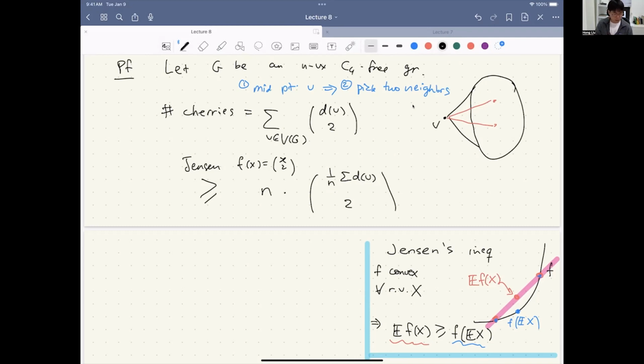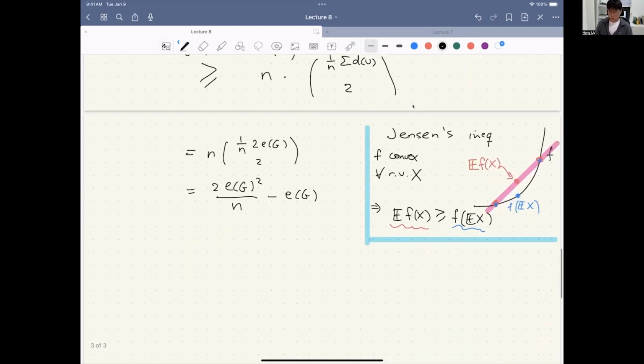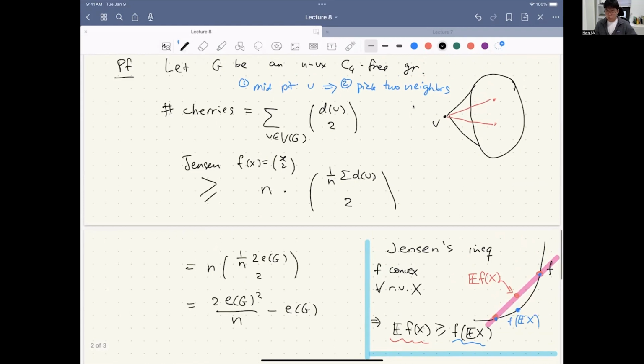Then by the handshaking lemma, the sum of degrees is 2 times the number of edges. Simplifying, we get 2e(G)^2 over n minus e(G). So that's one way of bounding cherries from below.